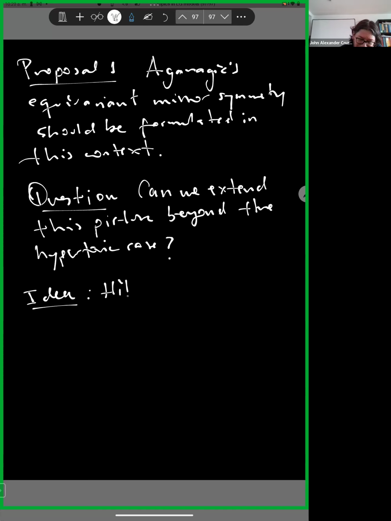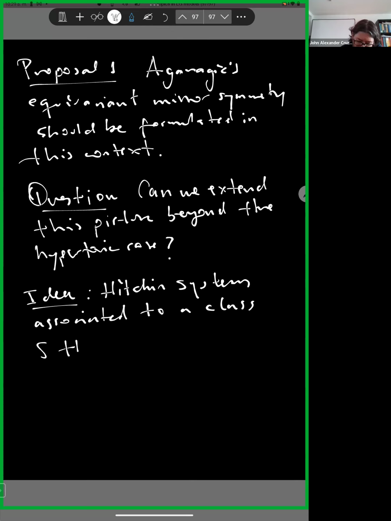So there are some Hitchin systems associated to a certain class of physical theories, associated to a class of S theories, right?